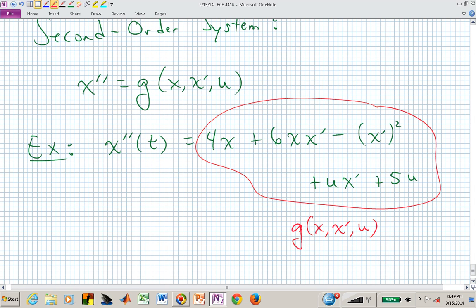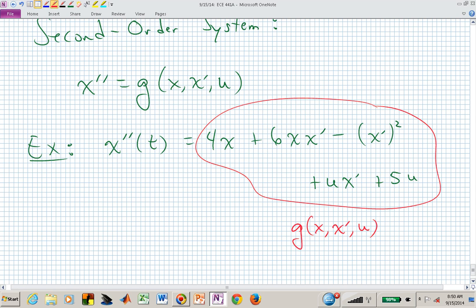We need to find something when primed yields x double prime. Or if you wanted to think about it, an acceleration if we were thinking about position, velocity, and acceleration. A velocity, when differentiated, would give us an acceleration. So we need a position and a velocity.